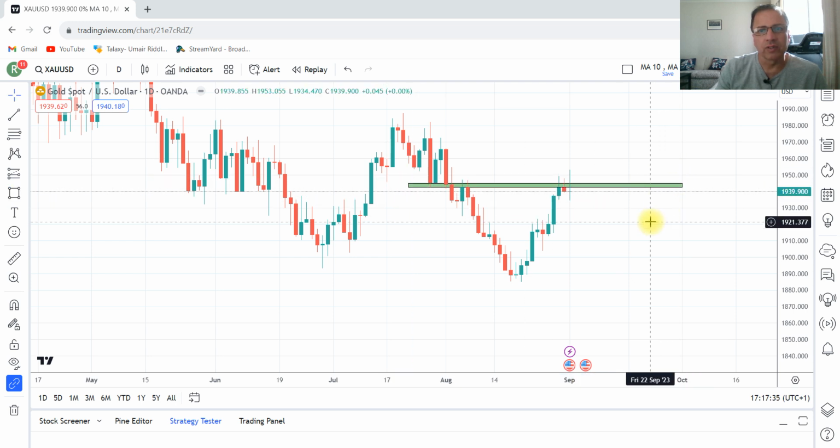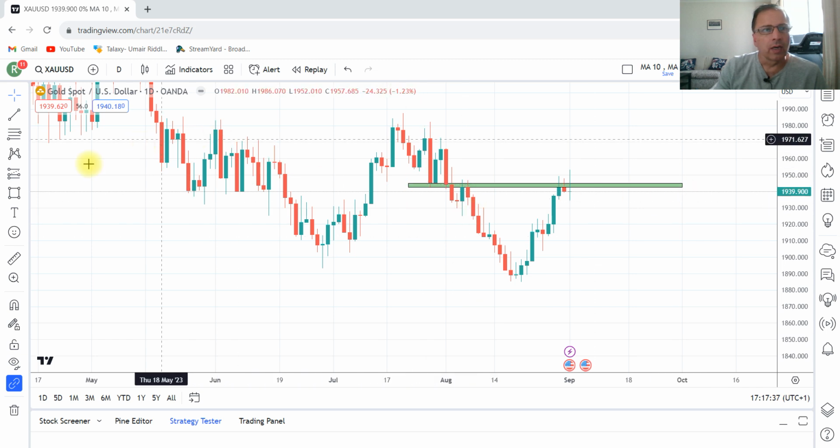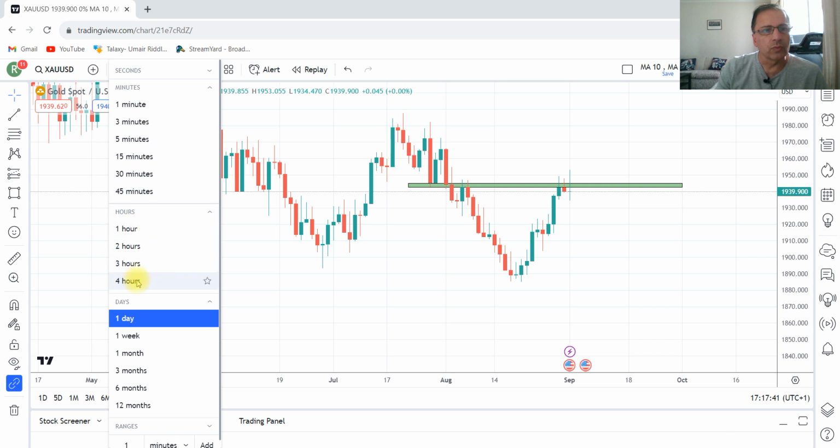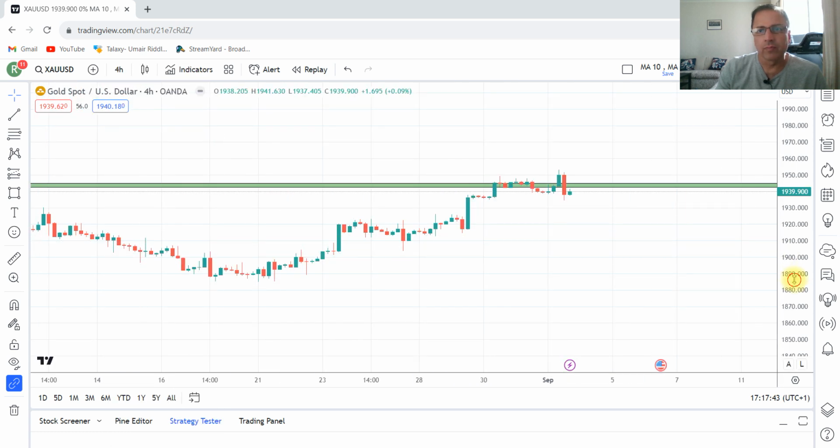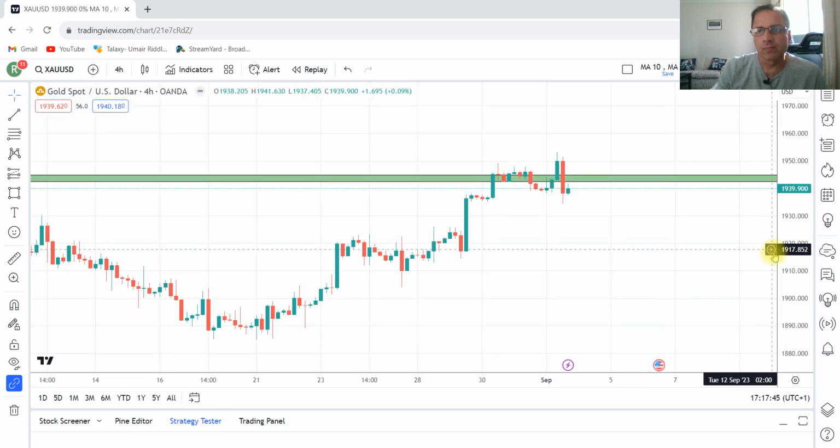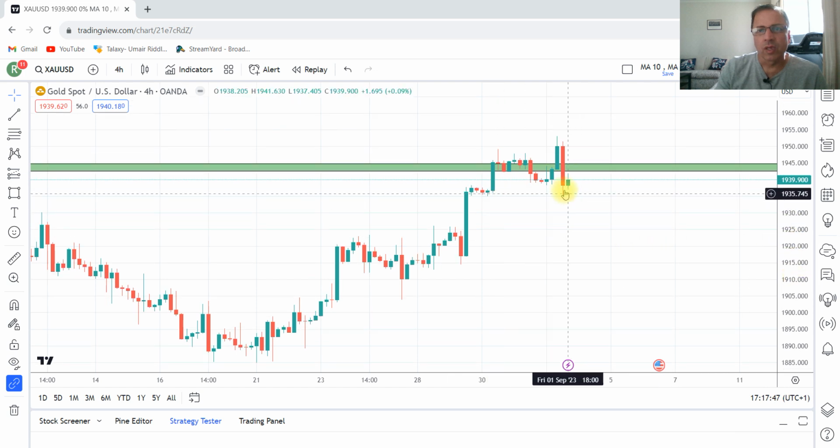And if you further go down on 4 hour time frame, this previous candle was bearish, and then on Friday it closed on this candle.